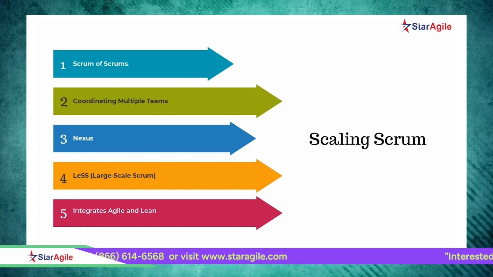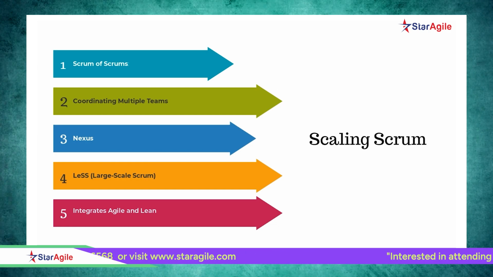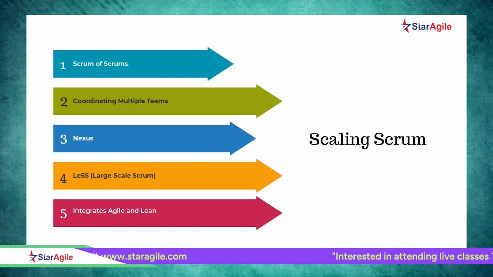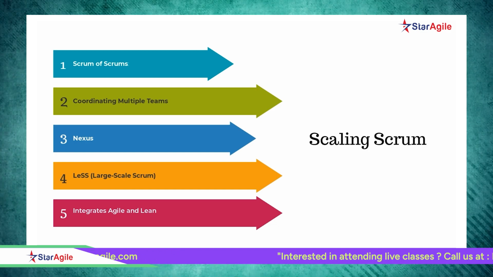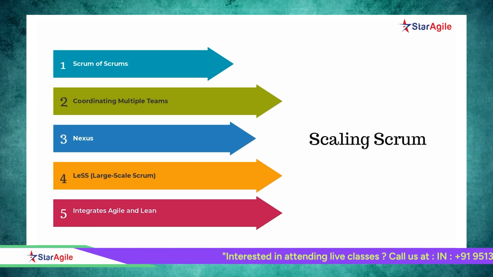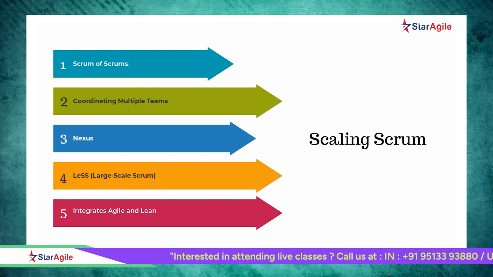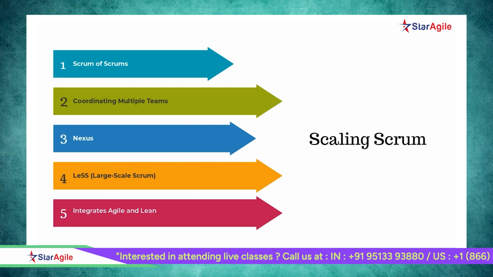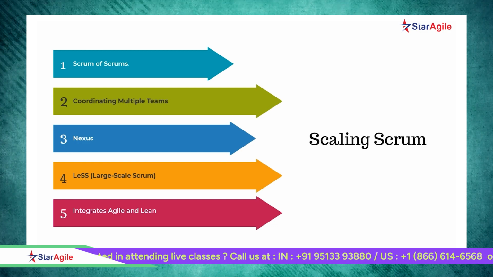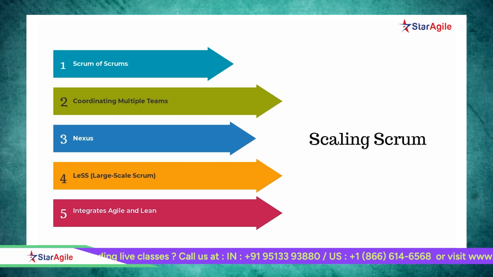Large scale Scrum, LeSS, and SAFe, the Scaled Agile Framework, are comprehensive frameworks that apply Agile and Lean principles to large scale projects, focusing on coordination, integration, and maximizing value.